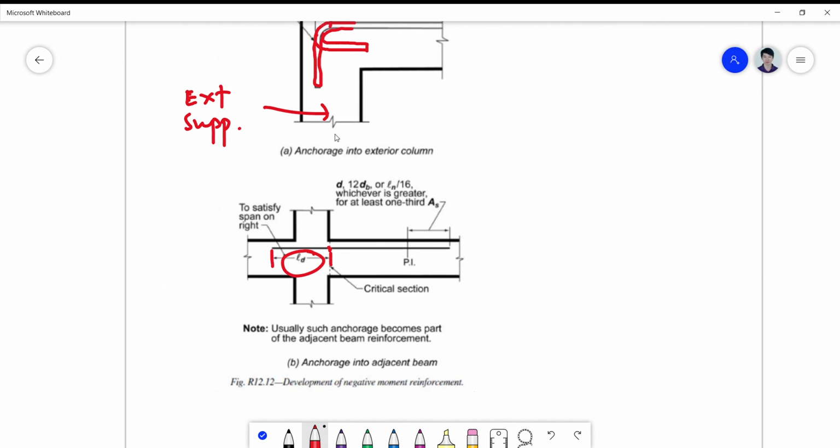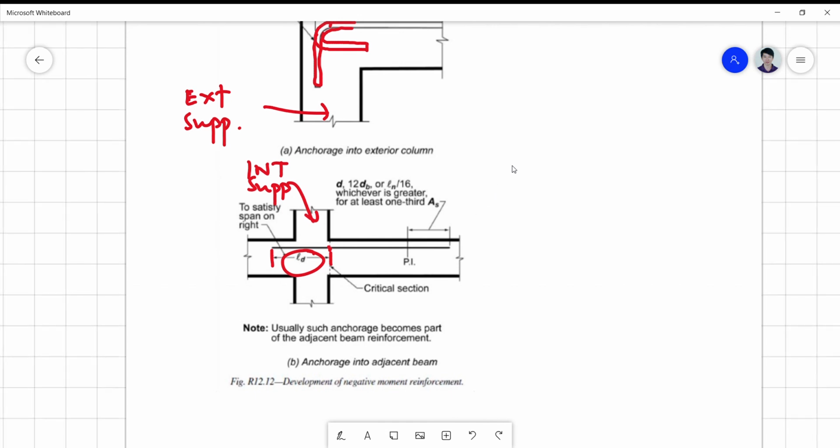Okay, this is an exterior column, but this is an interior support or column. So take note of the extension, and this extension must be at least 1/3 of the reinforcement. If you have three bars here, you have to extend at least one. Okay, 1/3 of that.